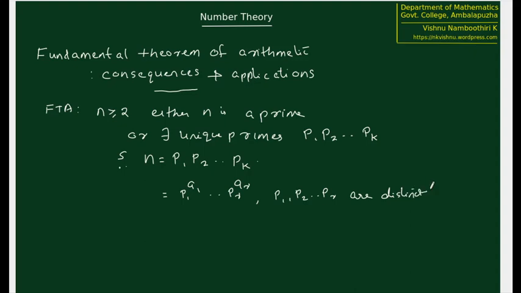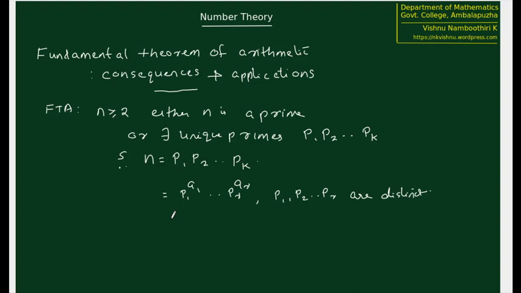Just see what we did: we collected the same primes together. Suppose p1 is appearing 3 times, therefore we will write p1 raised to 3. Suppose p2 is appearing 2 times, we will write p2 raised to 2, etc. Suppose that pr is the last distinct prime appearing, so pr raised to ar, where ar is the number of times pr is appearing in n. So we collect all the primes together, club them together, and write it as a power.